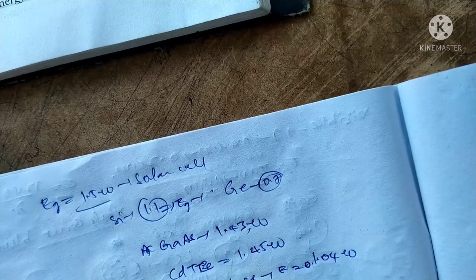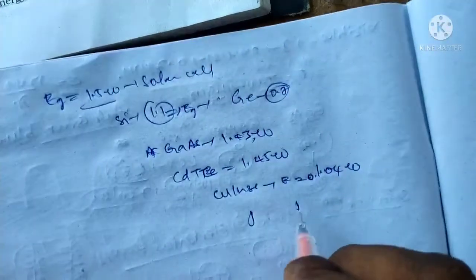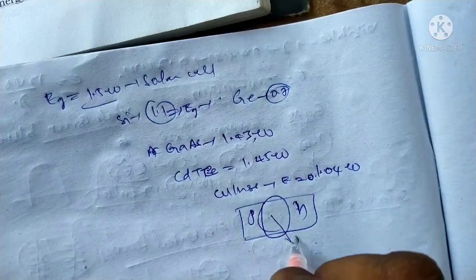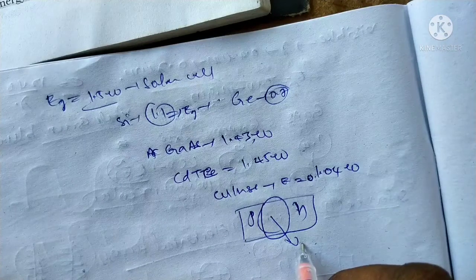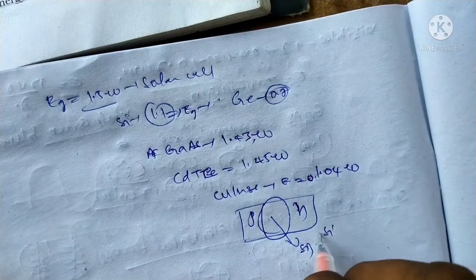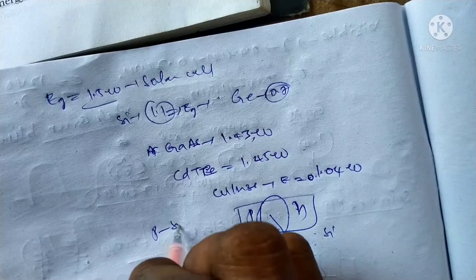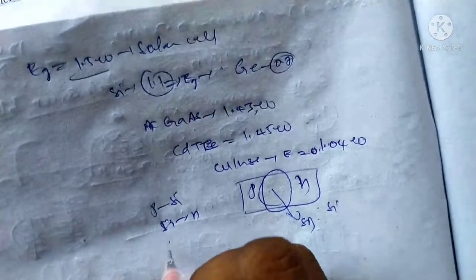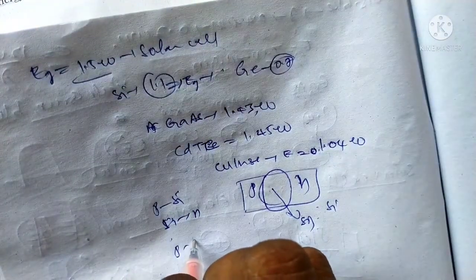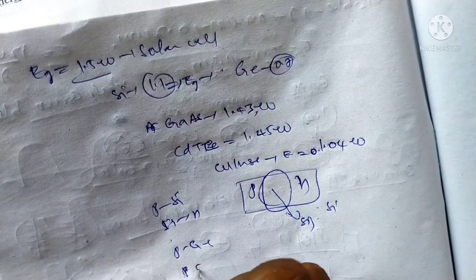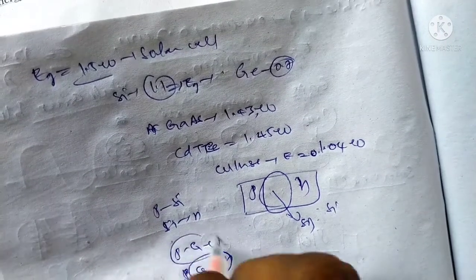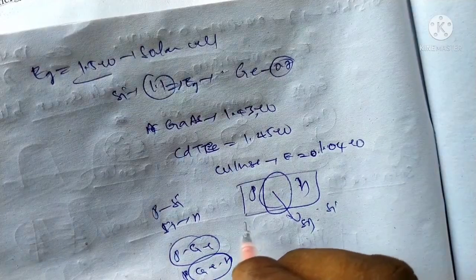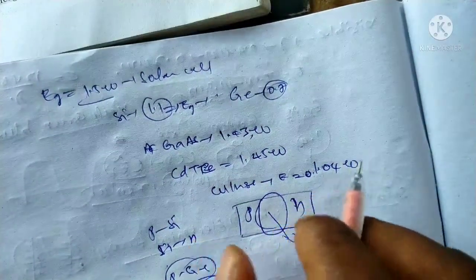In solar cell fabrication, in the case of a PN junction diode, we can use different types of materials for the depletion layer. Suppose p-type silicon and n-type germanium, a combination of materials that can form a depletion layer.